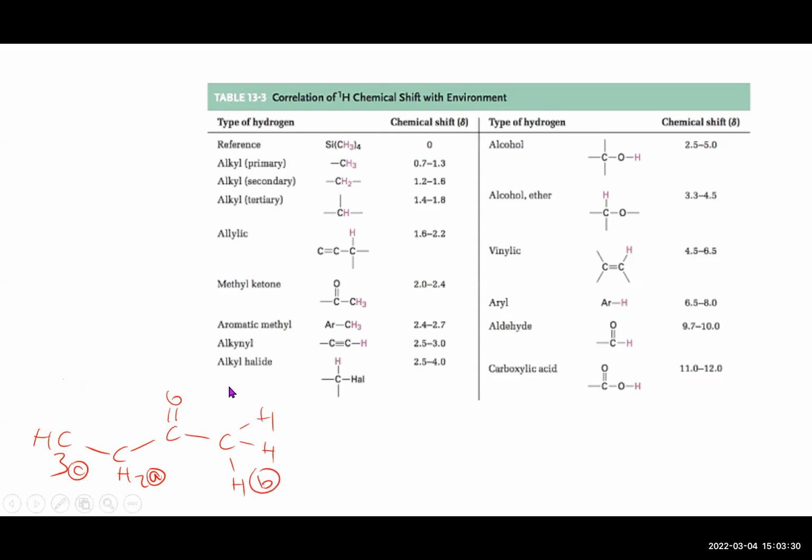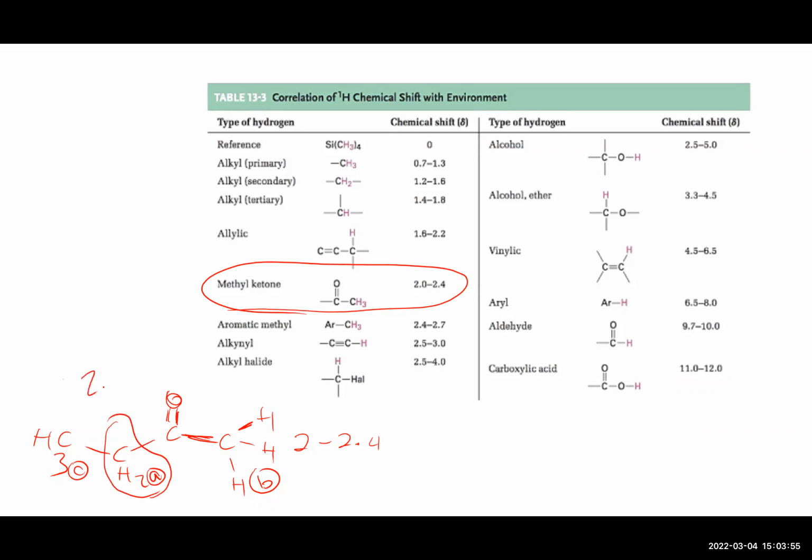So the chemical shift for hydrogens that are 1, 2, 3 bonds away from the oxygen of a carbonyl, the electronegative atom, should be similar to that for a methyl ketone. And this is a methyl ketone, 2 to 2.4. Similarly, the CH2 here should be 2 to 2.4 because they are also 1, 2, 3 bonds away from that carbonyl oxygen.